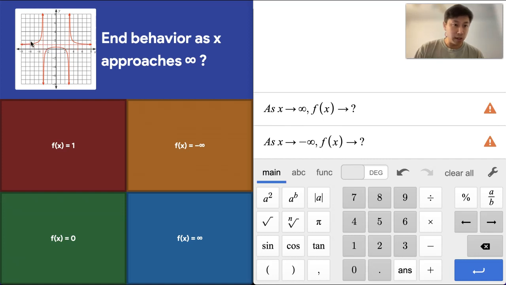So we have an asymptote here at a y value of 1. If you guys remember the equation of a horizontal line, it's going to be y equals some number. In this case, it's y equals 1. So then I'm going to pick the function value equal to 1. That's what your y value will get closer and closer to. That's what it will approach as your x value keeps going towards the right.